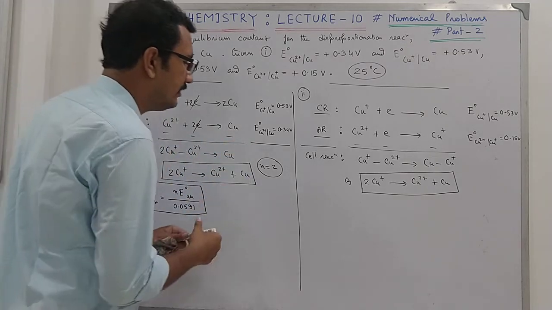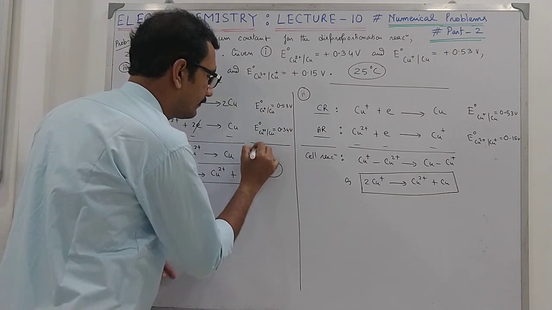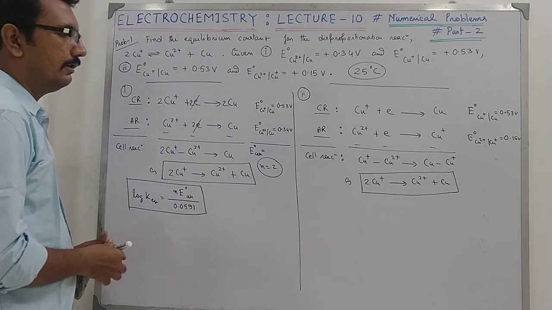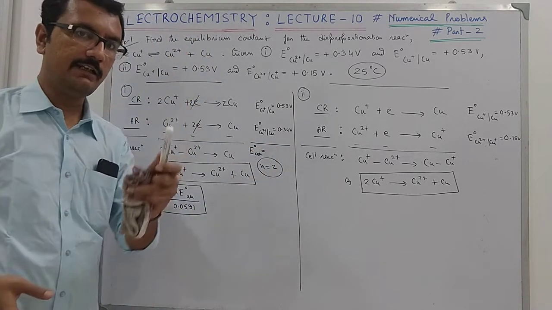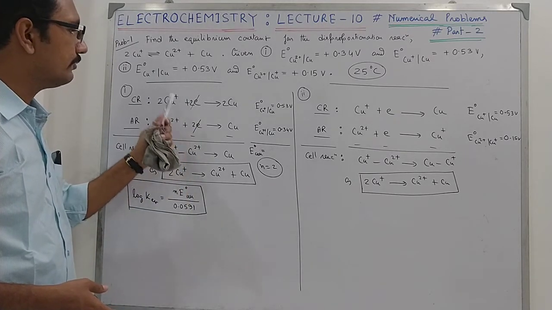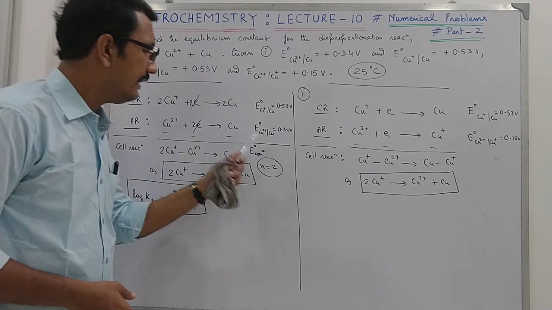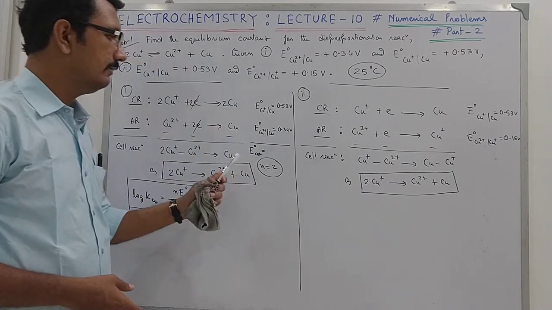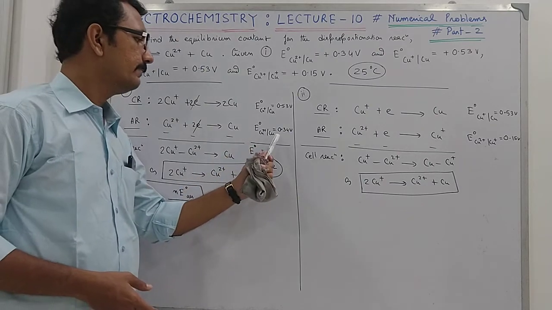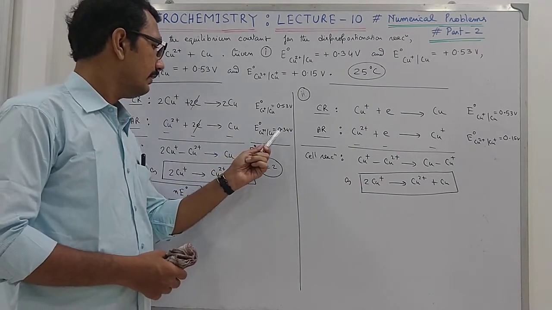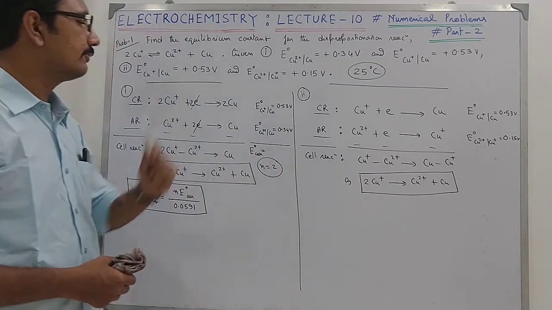So you will get the E0 cell by subtracting in the same procedure, the standard EMF of the cell, just by subtracting the corresponding anode reaction from the cathode reaction.